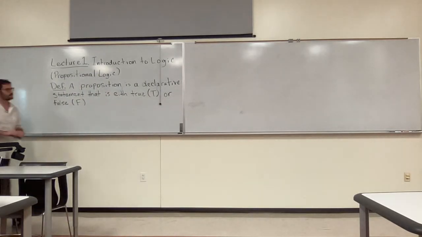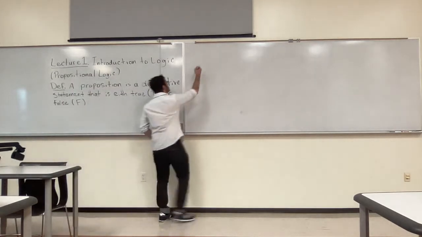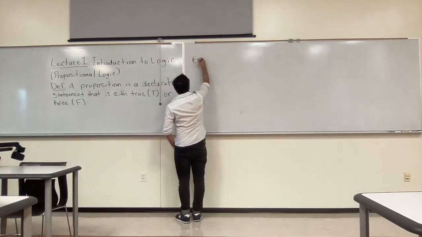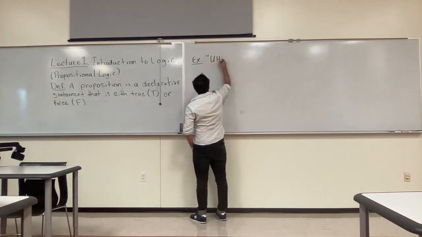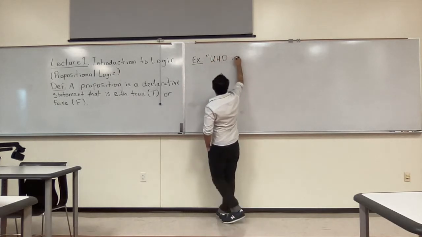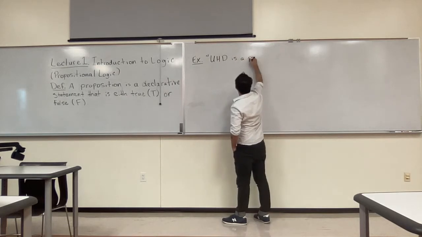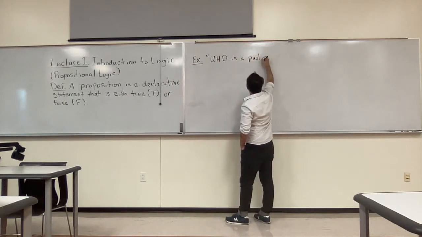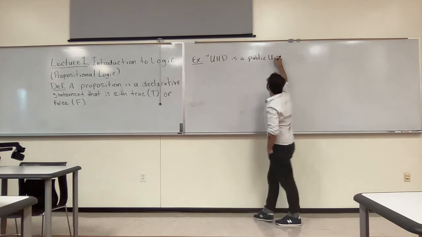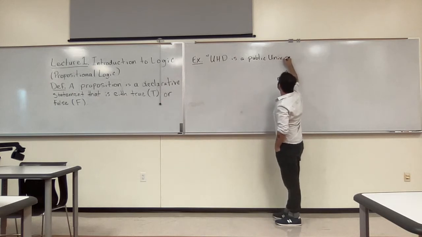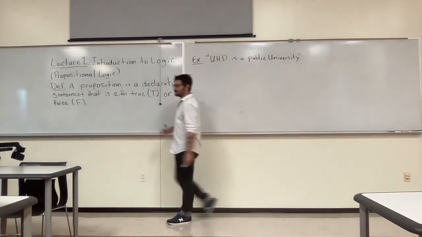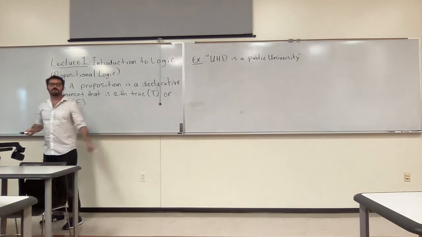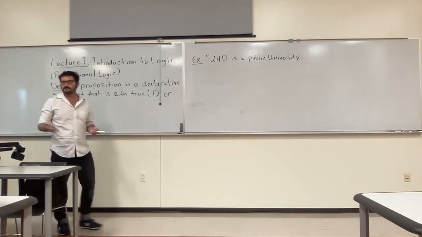Okay. So for example, UHT is a public university. That is an example of a proposition, and the truth value of this proposition is true.